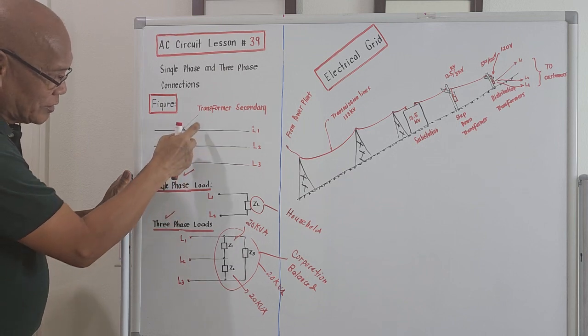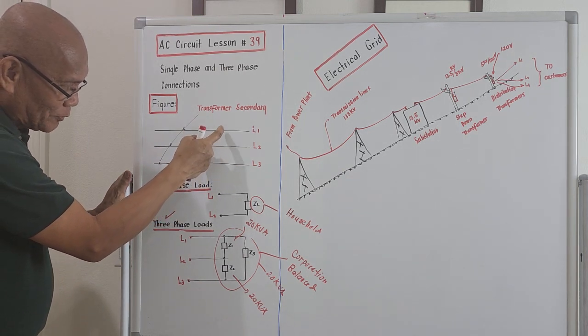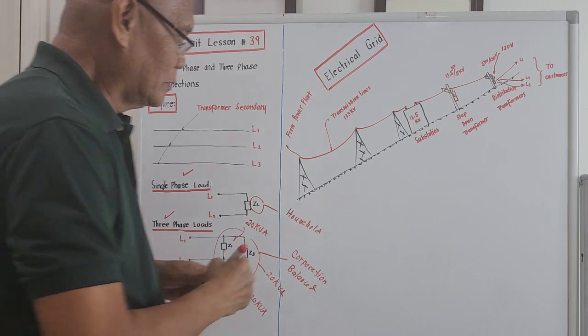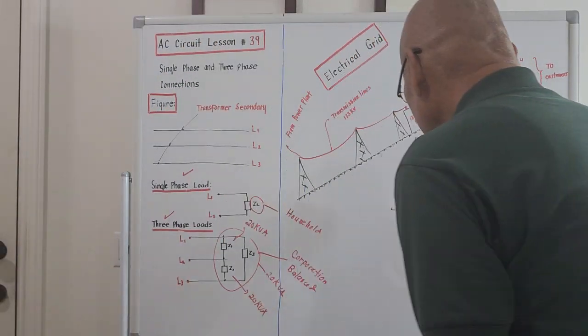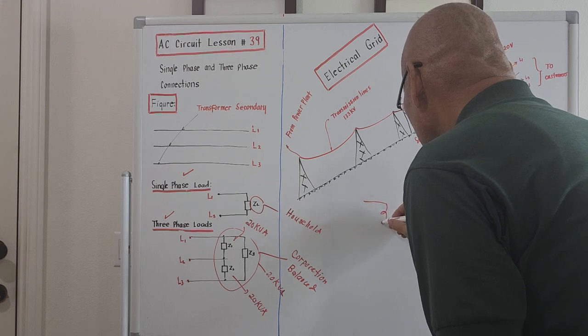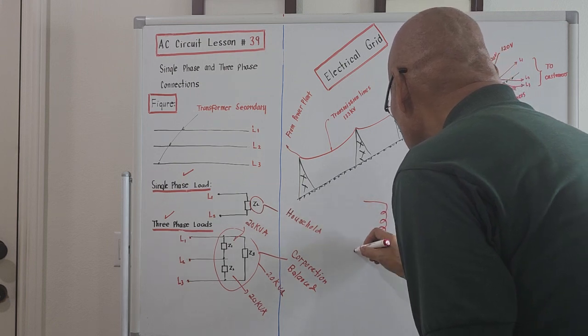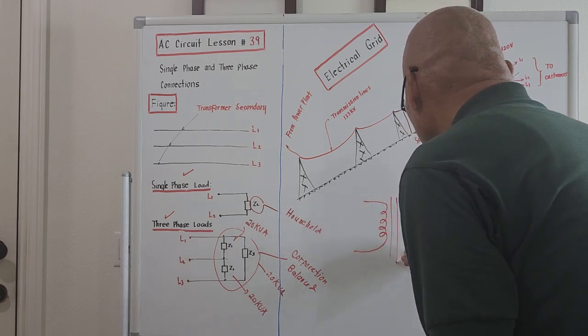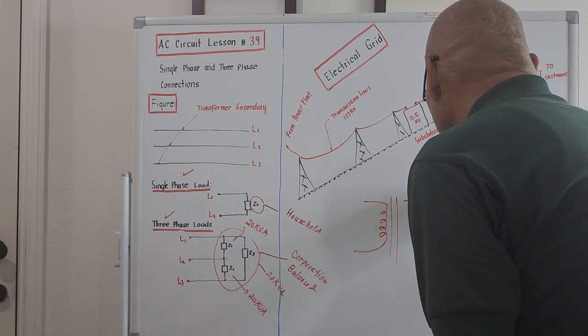These three lines here are actually the output lines of a transformer. It is something like this.